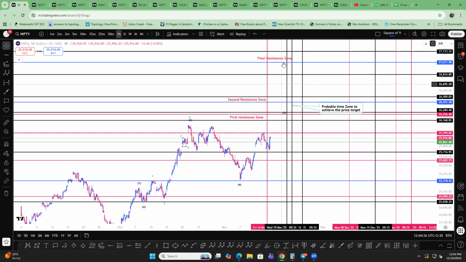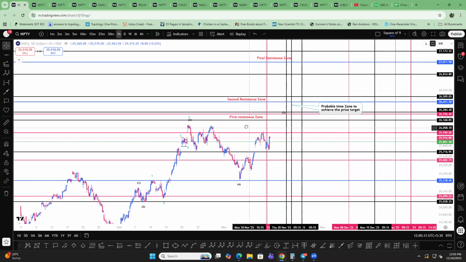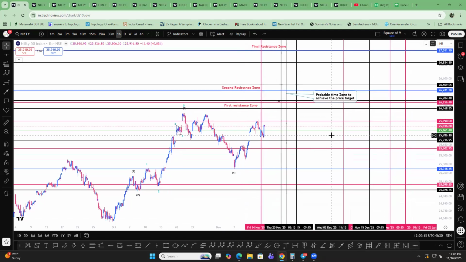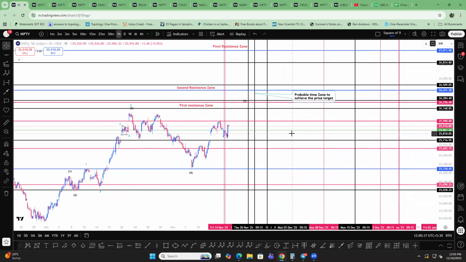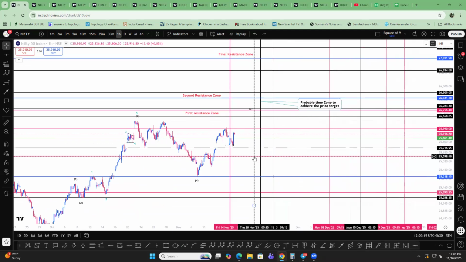because if any of these three resistances work, then the fall will be very fast, so that you will never be able to book your profits, specifically if you are an option trader. Keeping this in mind, the important dates coming in the nearest future are 20th November to 21st November.